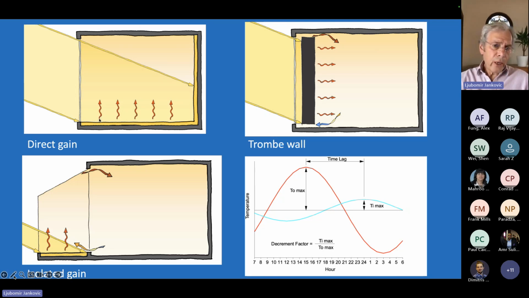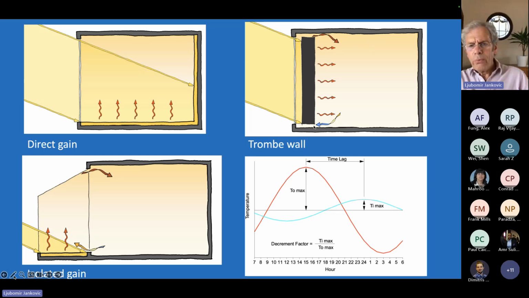Solar radiation hits the floor and is re-radiated several hours later into the space. Trombe wall, again with glazing on the south-facing side, and high-density material of which this wall is made, and heat is absorbed in the wall and reaches the inside. It's radiated to the inside many hours later.